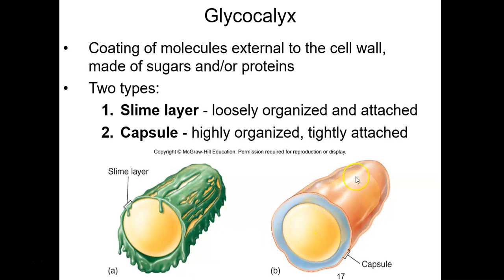We can also have this much more defined, neat, and concise slime coating, which we call the capsule. And it's highly organized, very tightly attached to the cell. Whereas the slime layer is this highly disorganized and very loose layer on the outside.